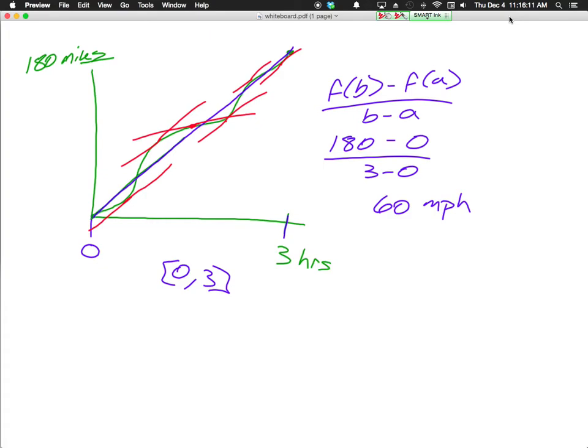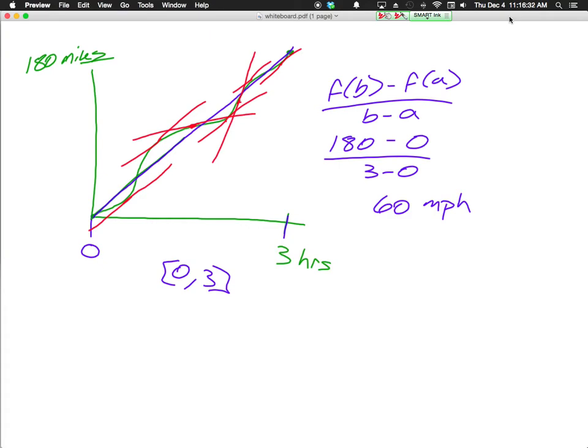It's flatter, that means it's smaller. So my flatter slope means that I'm going slower. When I get over here, I have a tangent line that looks like that. That tangent line is steeper. If it's steeper, that means I'm going faster.